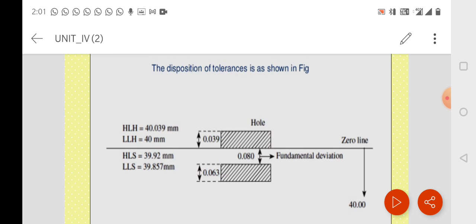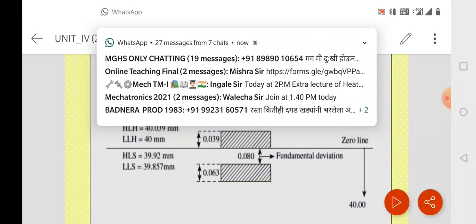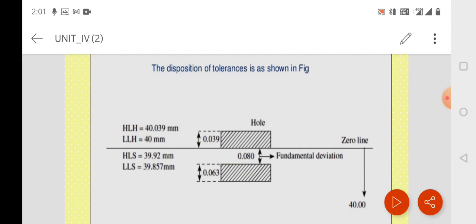So this is hole. Then the shaft is below, it is under size, it is below 0 line. त्याची मॅक्सिमम लिमिट आहे 39.92, म्हणजे जो 40च्या खाली आहे. कितीनी खाली आहे तो, FDनी खाली आहे, फंडामेंटल डेव्हिएशननी खाली आहे. किती खाली आहे 0.80, right. It is under size shaft. आणि तो अजून त्याचं लोअर लिमिट किती खाली आहे, त्याच्या टॉलरन्स एवढं, तो किती आहे 0.063.